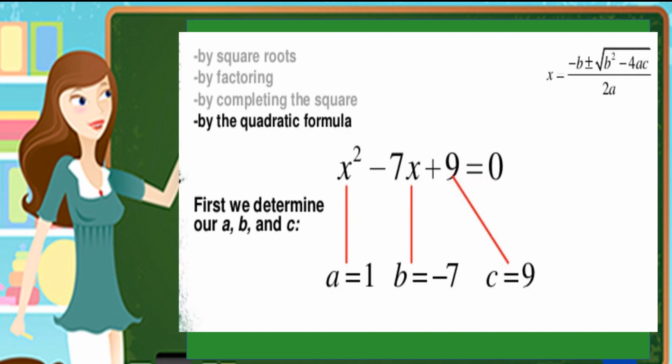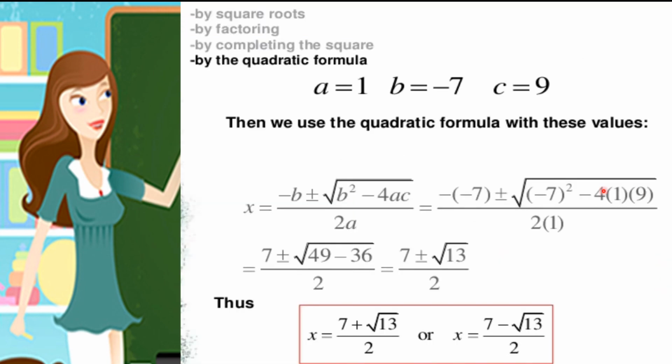Okay. Then, after we have the value of A, B, and C, proceed tayo sa substitution. Kung kailangan nating i-substitute ang value sa ating formula. So, we have x. Ano ba yung formula natin? X equals negative b plus minus square root of b squared minus 4ac all over 2a.